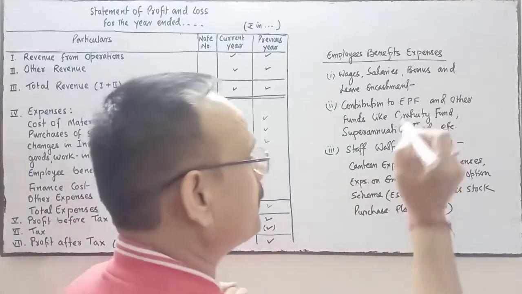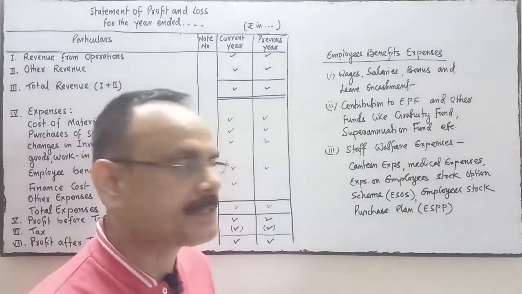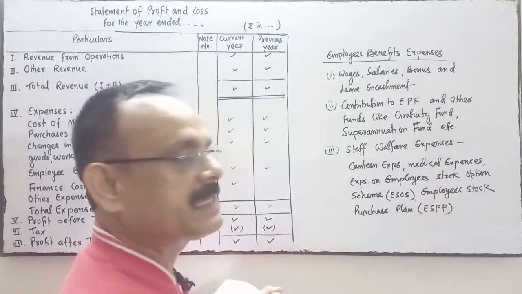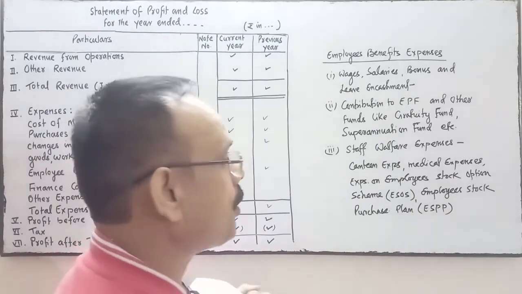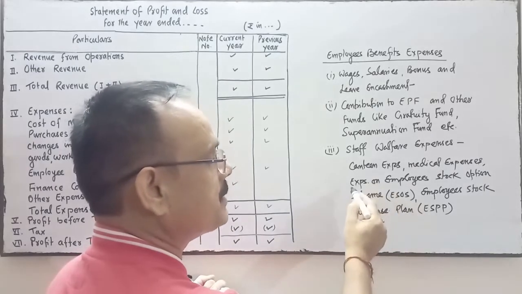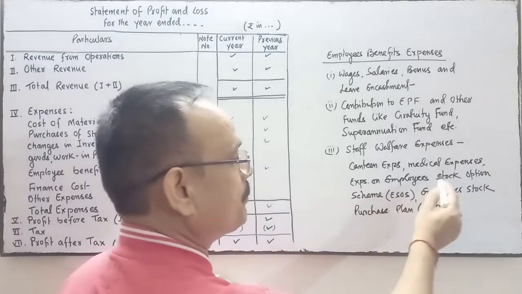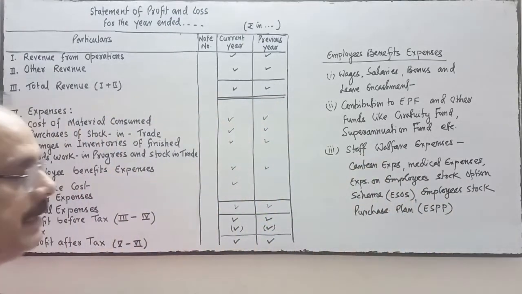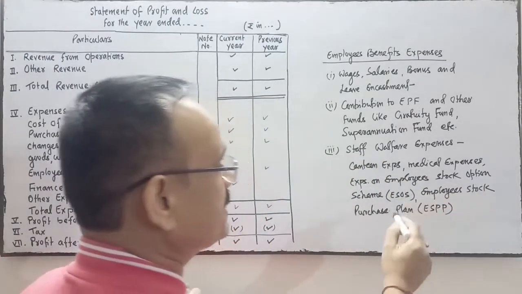Then staff welfare expenses such as canteen expenses, medical expenses, expenses on employee stock option scheme, ESOS. And next is employee stock purchase plan.